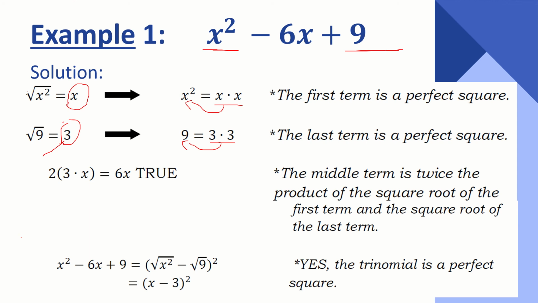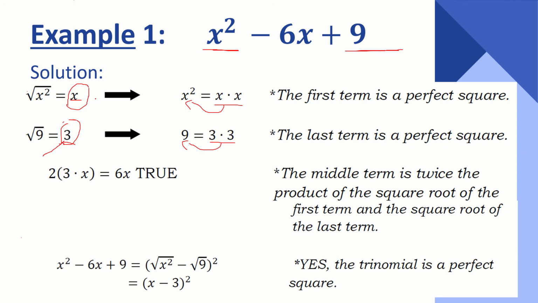Sa atong first term, square root sa atong first term, we have x. Ang square root sa atong last term is equal to 3. Para makaingon tag perfect square ang trinomial, kung nakuha na nato ang square root sa first term ug last term, atong middle term is twice the product of the square root of our first term and last term.